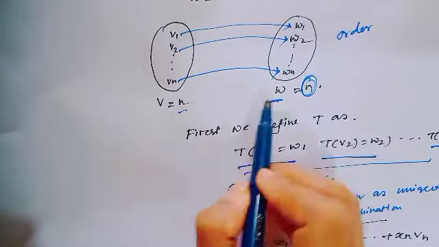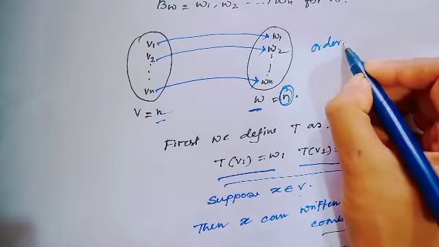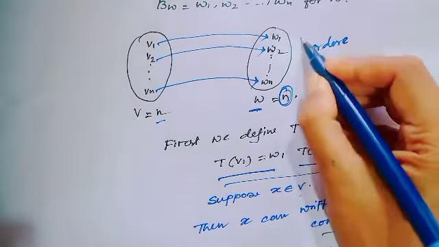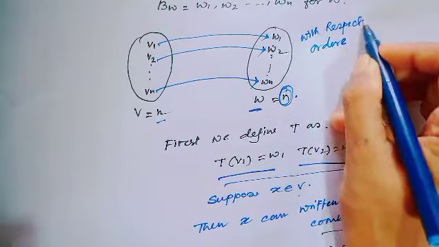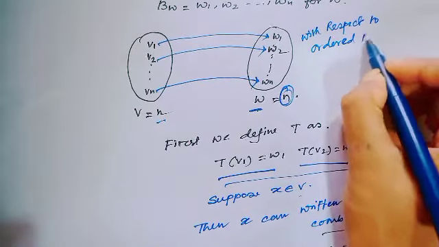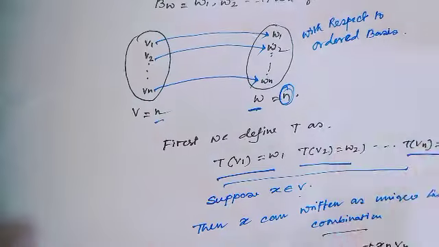So there exists an isomorphism from V to W. Here the isomorphism is with respect to ordered bases. Are you getting?